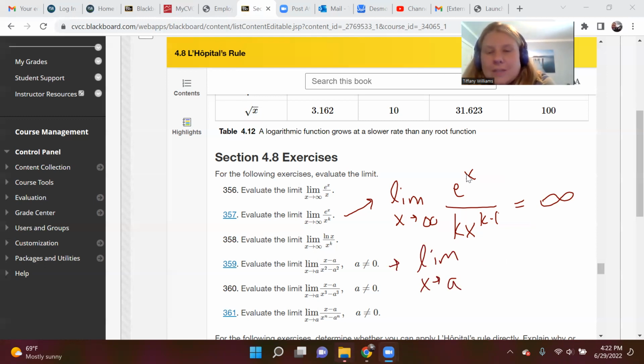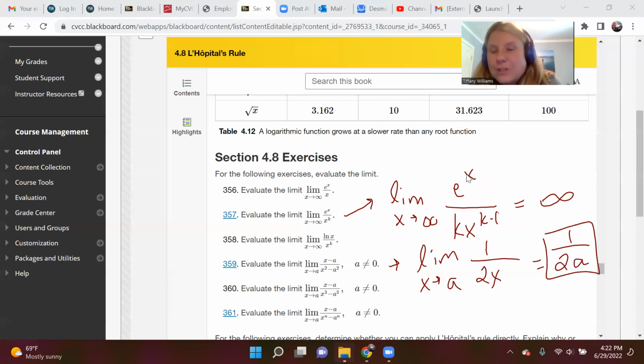So the derivative of x minus a is 1 over the derivative of x squared minus a squared, which is going to be 2x. And then the minus a squared, that's just a number that goes to 0. So because I've used L'Hopital's and I've taken the derivative of the top and the bottom, I can actually do direct substitution now. So if I plug my a in for x, I get 1 over 2a. And that's actually what the limit is equal to.